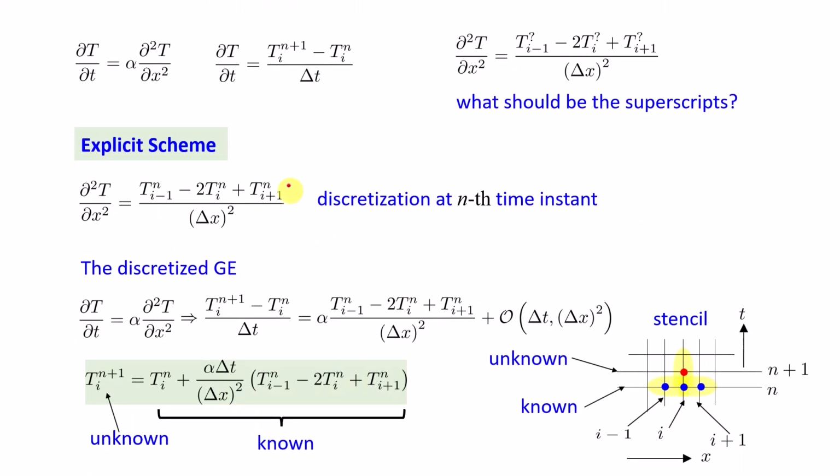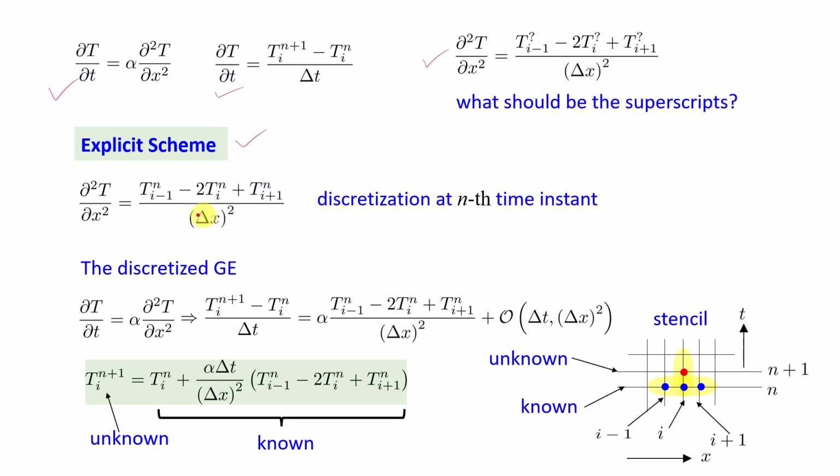So remember our discretization of the one-dimensional diffusion equation, where the time derivative is forward in time, T_i^(n+1) minus T_i^n, that is how we march in time, divided by delta t. But we have this problem: in the spatial derivative, what should be the superscript of this T? At what time level will we take this T? The explicit scheme gives us an answer.